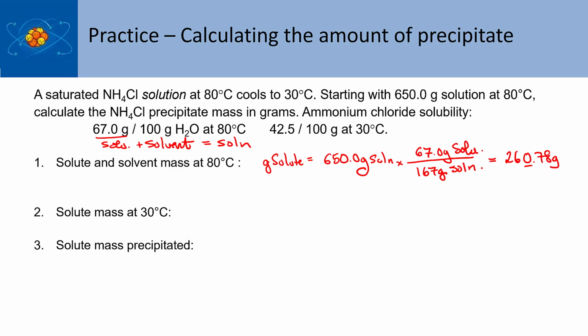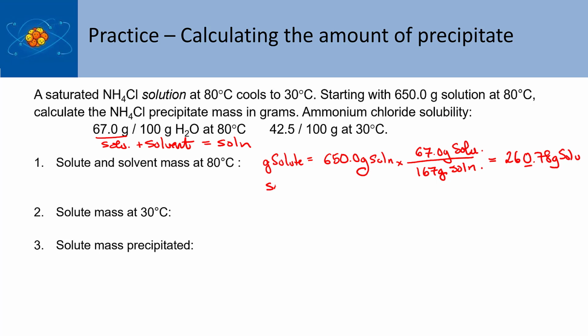I have three sig figs. I'm just carrying a couple extra to prevent rounding errors. And this is the solute. Now, how much solvent is there? If this is the mass of the solute, you can calculate the solvent without doing another proportion. You can just subtract it from the solution mass.